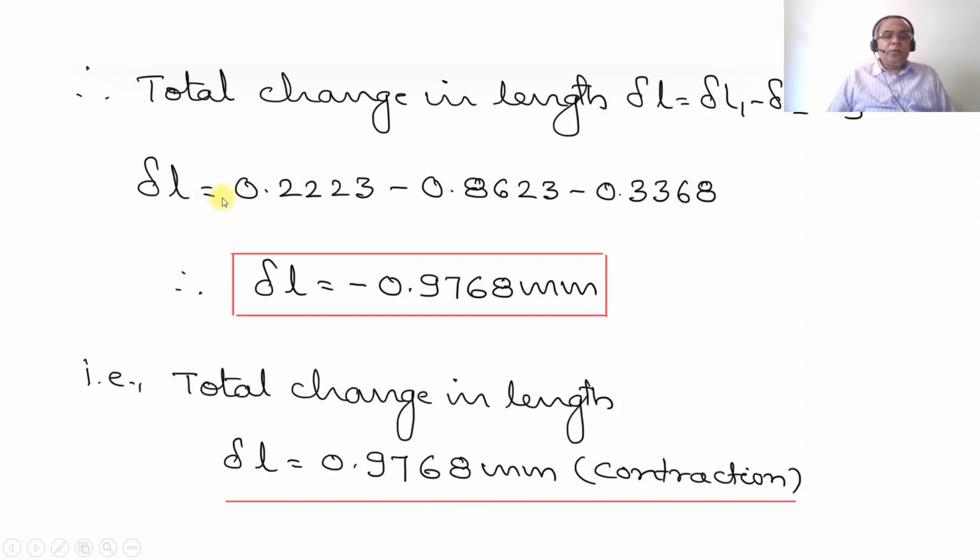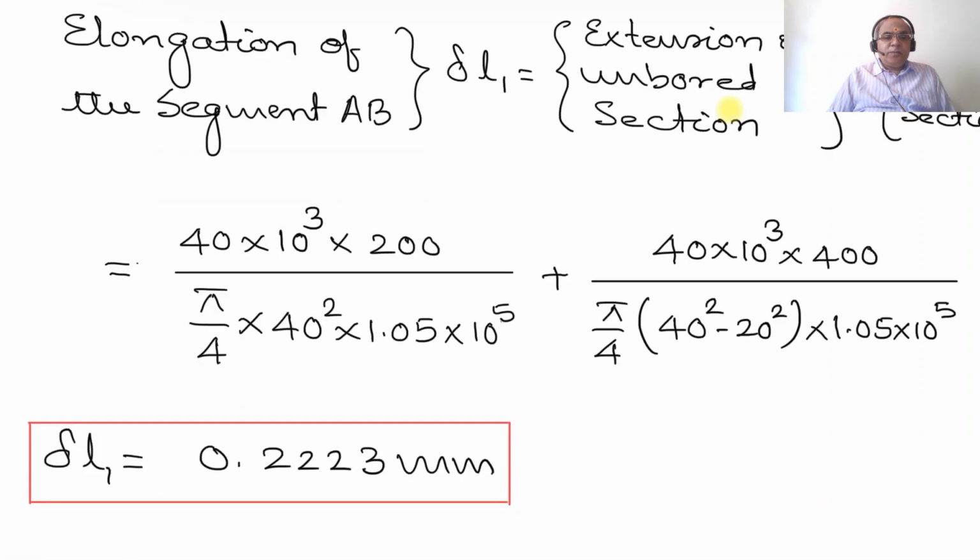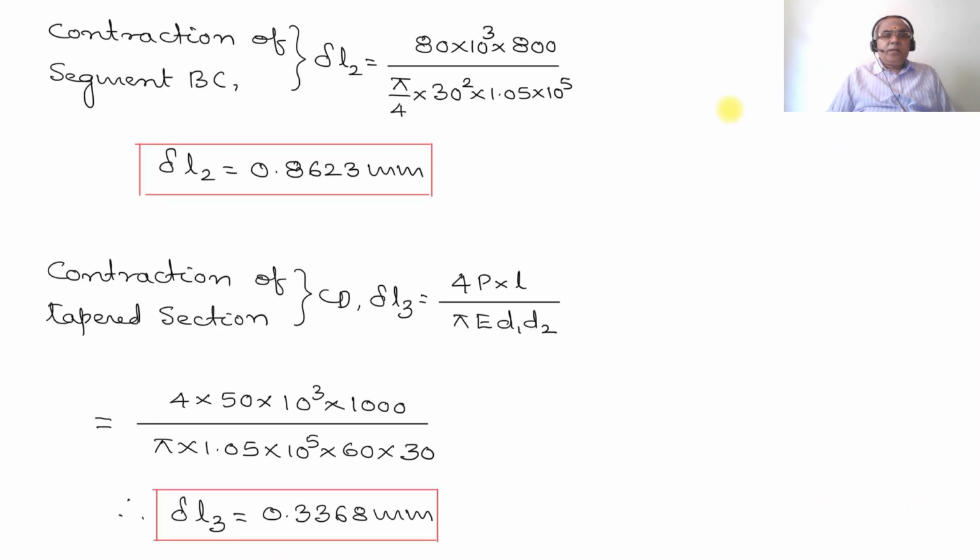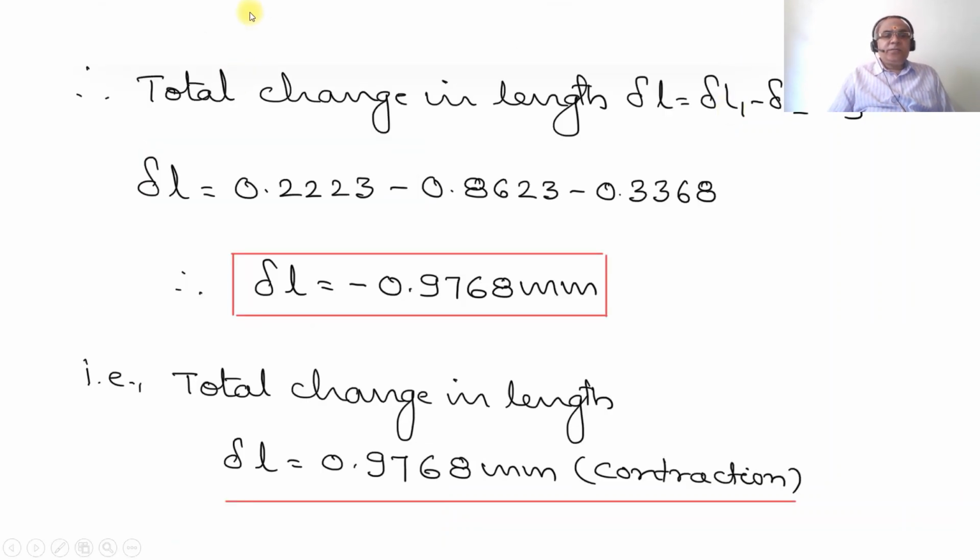So delta L will be equal to, what is delta L1? Delta L1 is 0.2223, minus 0.8623 for delta L2, and minus 0.3368 for delta L3. So that is what we have written here: 0.2223 minus 0.8623 minus 0.3368.